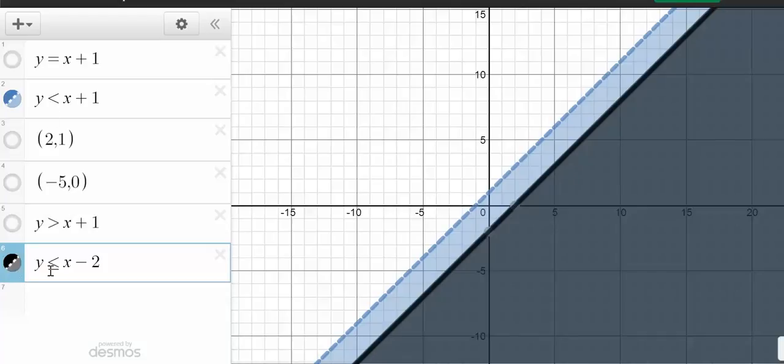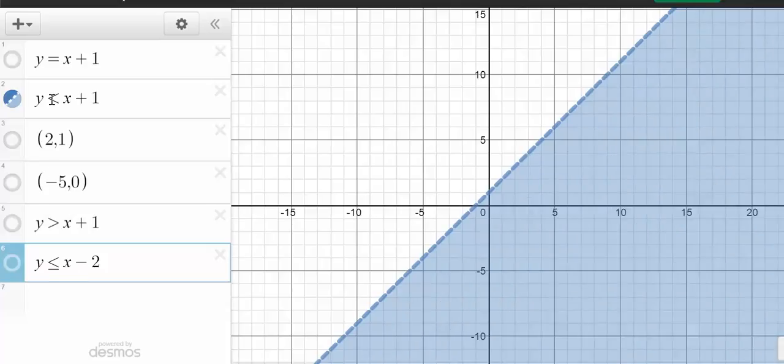So the boundary line in one of these inequalities is part of the solution, and the boundary line in the other is not part of the solution. So which one do you think is which? Yes, with less than or equal to, the boundary line is part of the solution. With strictly less than, the boundary line is not part of the solution, okay?